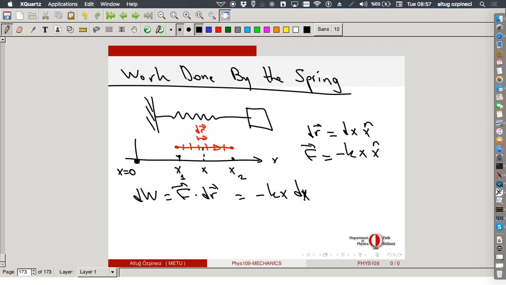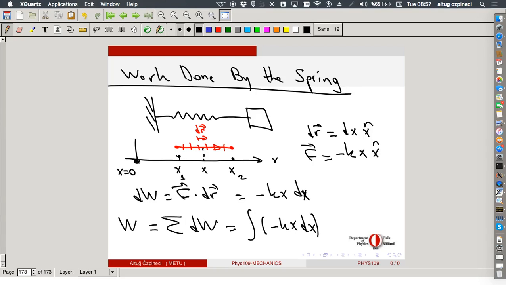Now, to calculate the total work done, we have to sum all of these dW's. The work done in each one of these segments, we have to sum over them. And in the limit that we take the segments very small, we have infinitely many of them, so that gives us our integral.